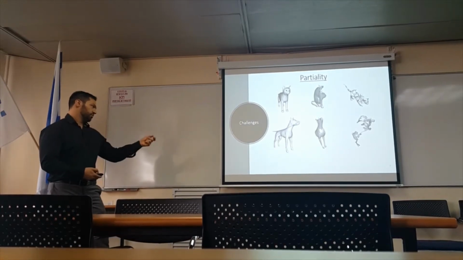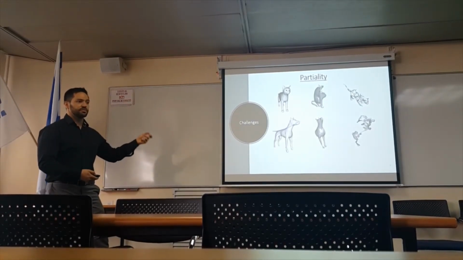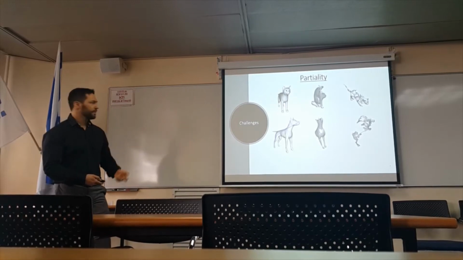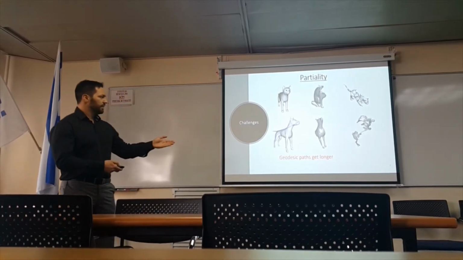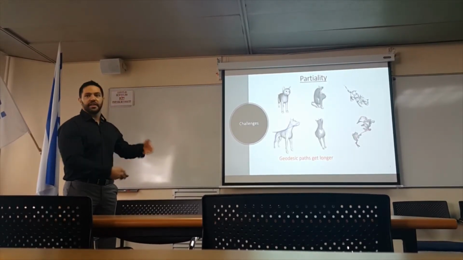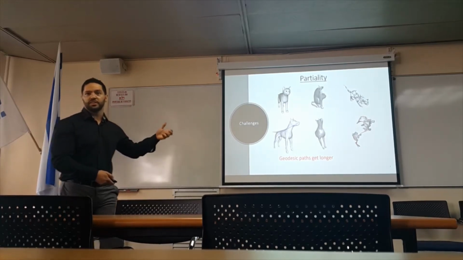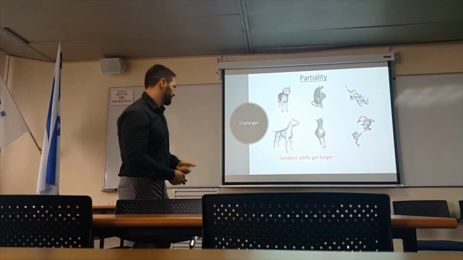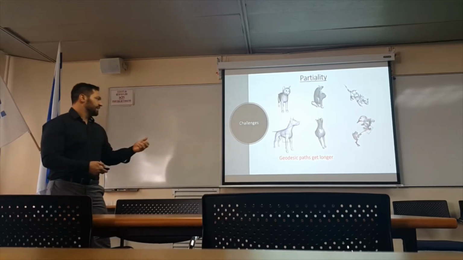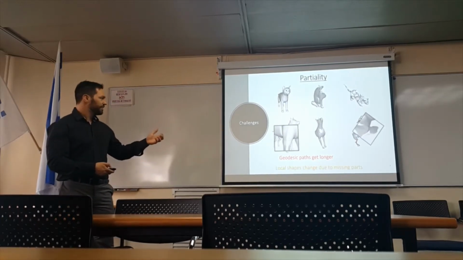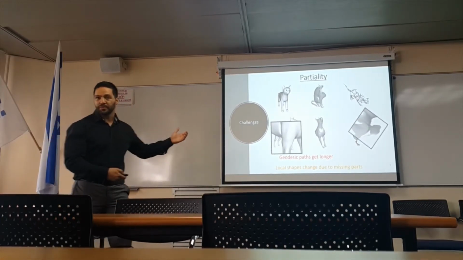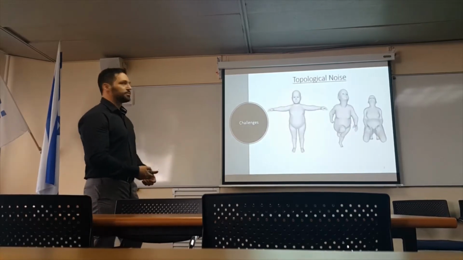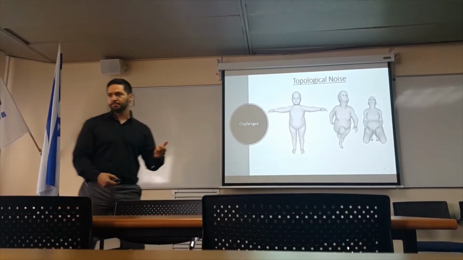Well, let's look at the shortest distance from the tip of the paw to the nose. This is on the full model, and let's look at the partial model. It gets extended, it gets deformed because it needs to bypass all the holes there. And more than that, let's look at local shapes here. They are unrecognizable.